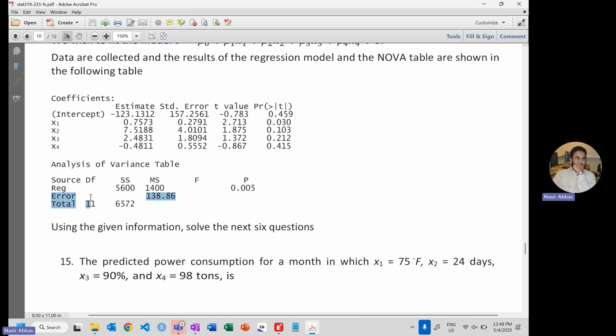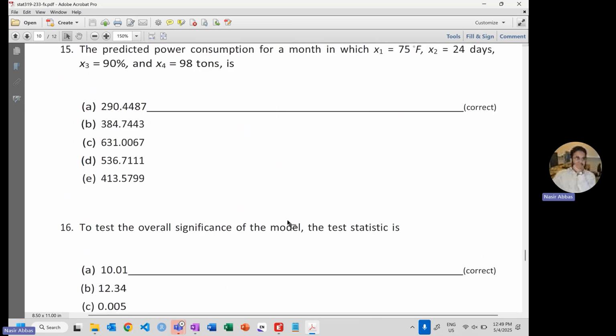For chapters 11 and 12, wherever you use a degree of freedom for the T, which one will you use? The error one, N minus K minus 1. Wherever you need a T critical value, for the prediction, for testing the significance of a single predictor, or for the mean response, the degree of freedom will be the one from the error. Remember, so you will have 7 degrees of freedom in this question.